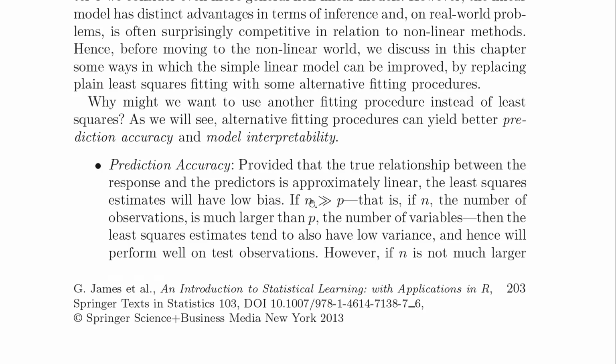If the number of observations n is much larger than p, the number of predictor variables, then the least squares estimates tend to also have low variance, and hence will perform well on test observations.